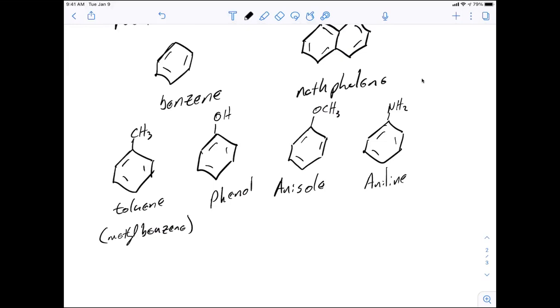Aniline. So an NH2 group attached is aniline.